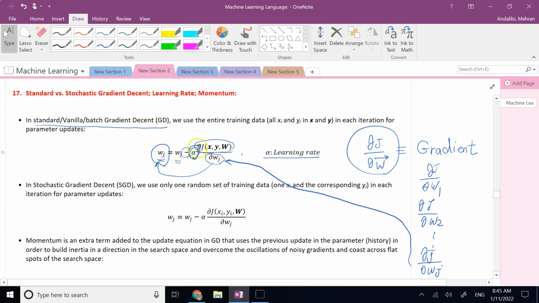Because if I use it so small, it makes my convergence toward the minimum point slow. But it has one good advantage. Please watch the video I have over there, we call it the step size. Whether we call it step size or learning rate, in machine learning we call it learning rate instead of step size. In terms of optimization, it is a step size.